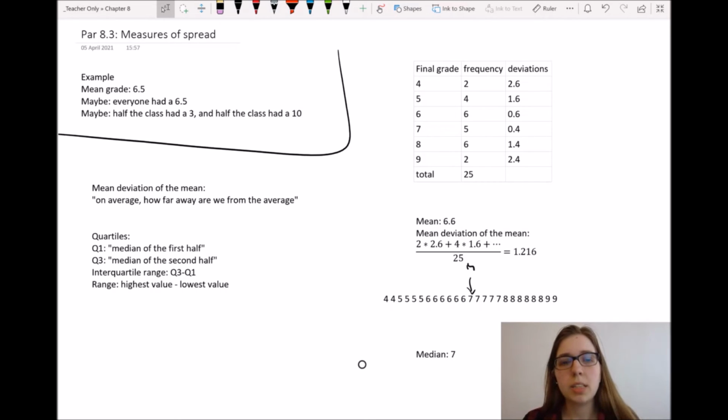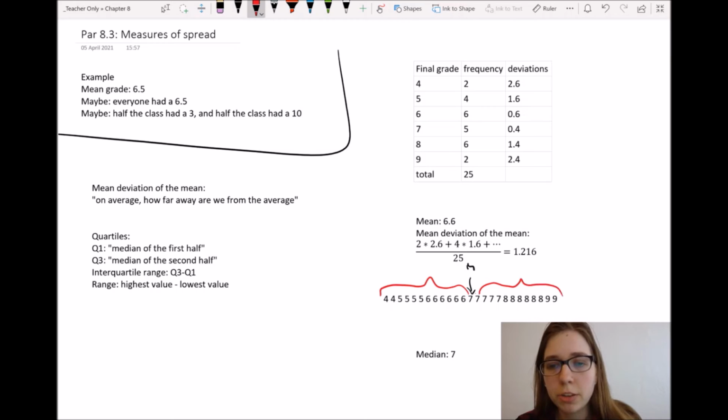And then I need to find the median of that first half. As you see, I'm conveniently ignoring this median here because otherwise I would not have equal parts. That's because we have this odd number to work with. So what happens here, I have 12 on each side. So my first quartile would be right in the middle here.